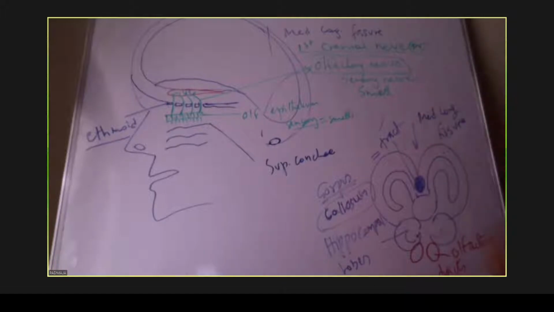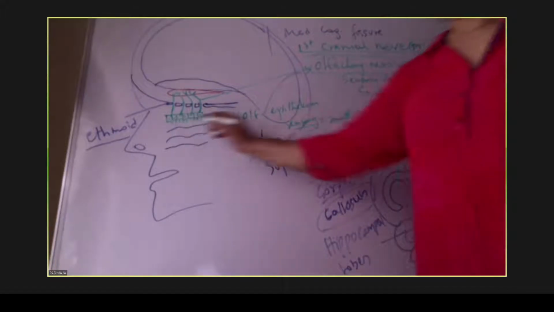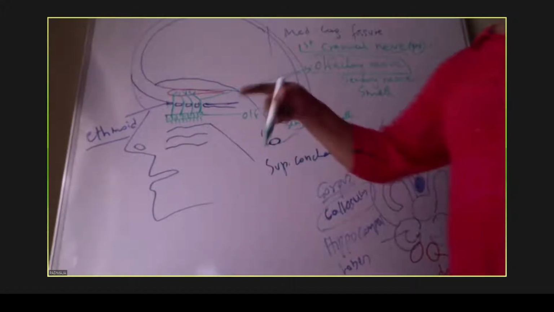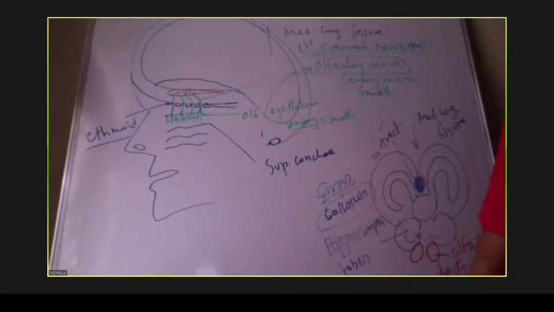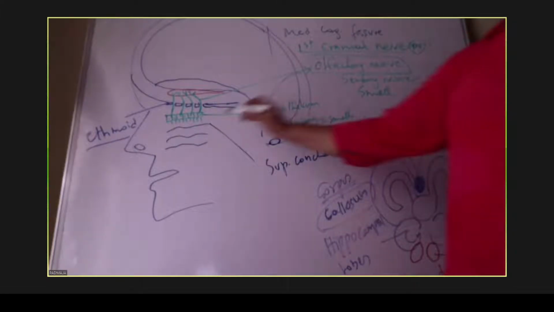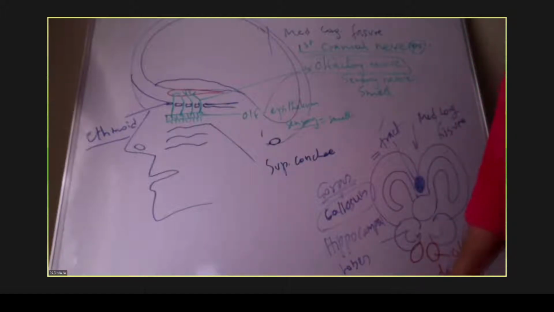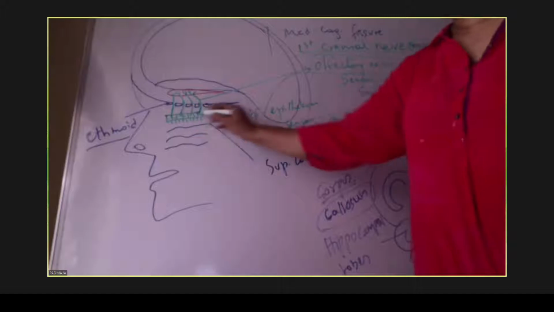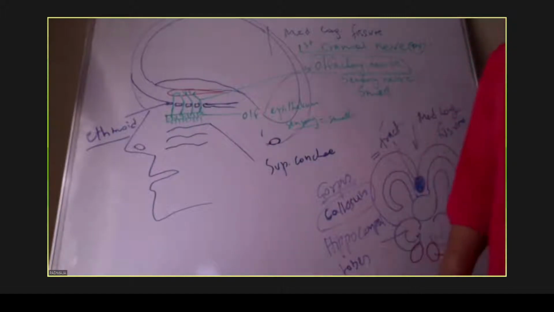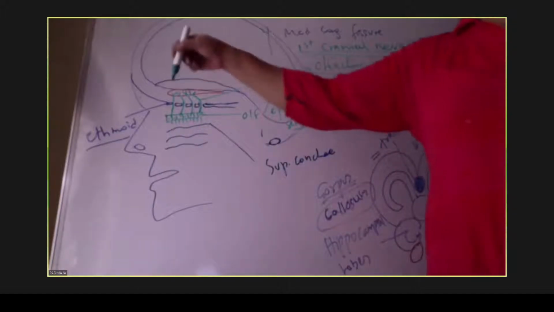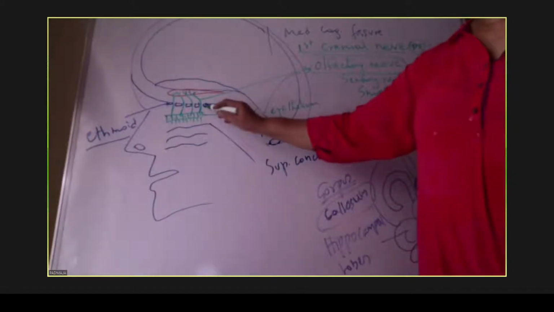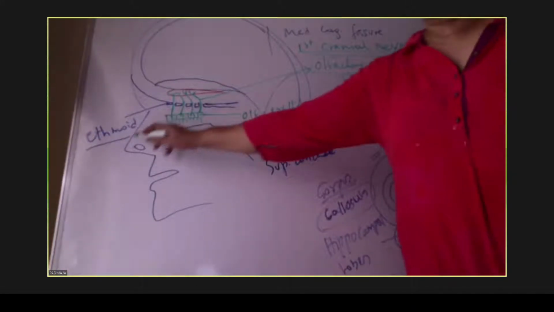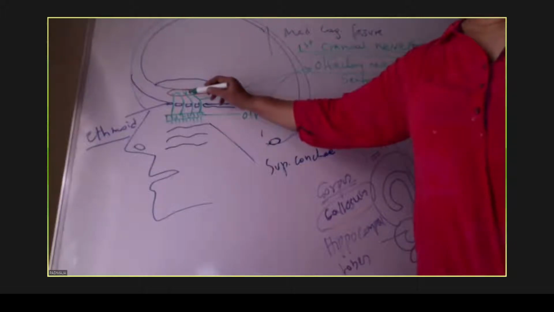Olfactory nerve arises from the olfactory epithelium. Connect to your respiratory system lesson: it's a sensory epithelium present above the superior concha. Now connect to your skeletal system lesson: the nerve arising from this epithelium, innervating this epithelium, its fibers run through this ethmoid bone and end in the olfactory bulb.